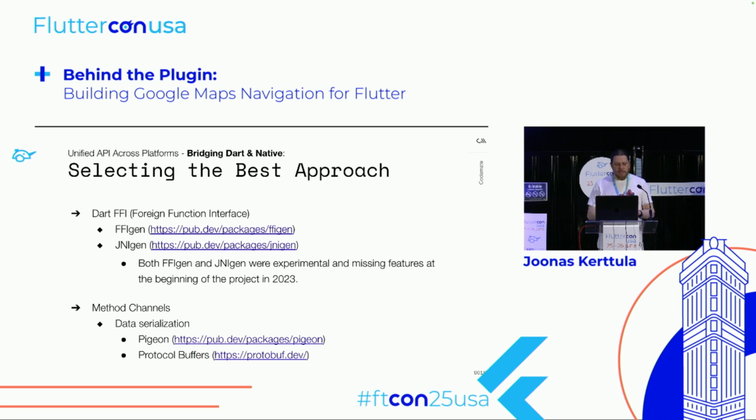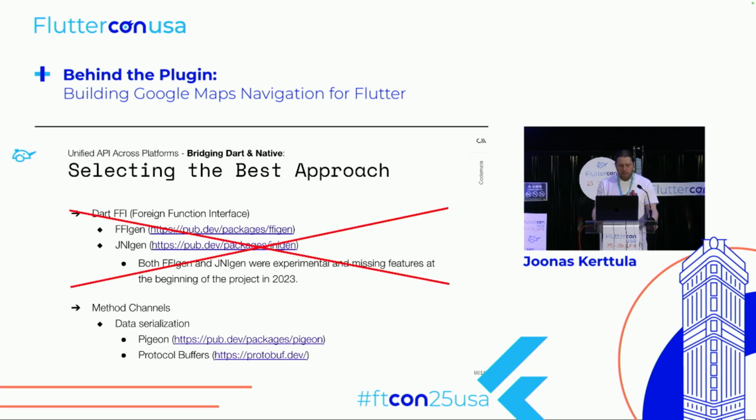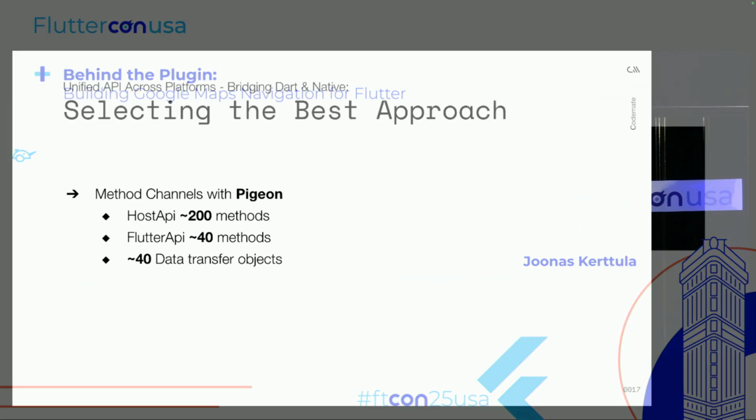Both FFIgen and JNIgen were experimental and missing a lot of features at the beginning of the project. And we tested that a while and decided that it's not ready for application development yet. So our choice was method channels with Pigeon.